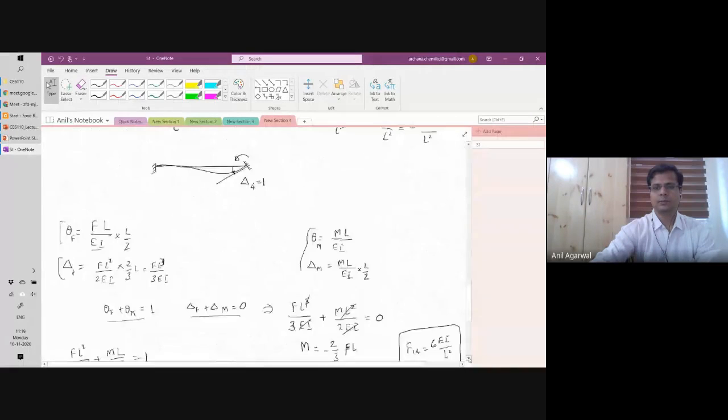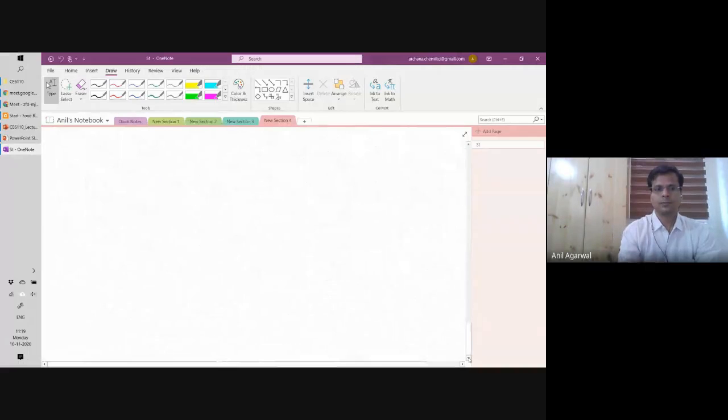So the deal is, this is the beam, right? Correct? This is the problem given to you. But this stiffness matrix does not actually belong to this beam. This stiffness matrix belongs to the beam that is this one.